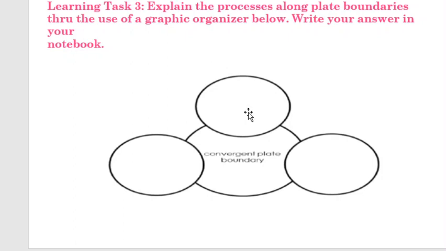You can write here 2, oceanic-oceanic. And we have here 3, continental-continental convergent plate boundary. Inside these circles, you should be writing at least 2 to 3 sentences explaining the processes that occur along these plate boundaries.